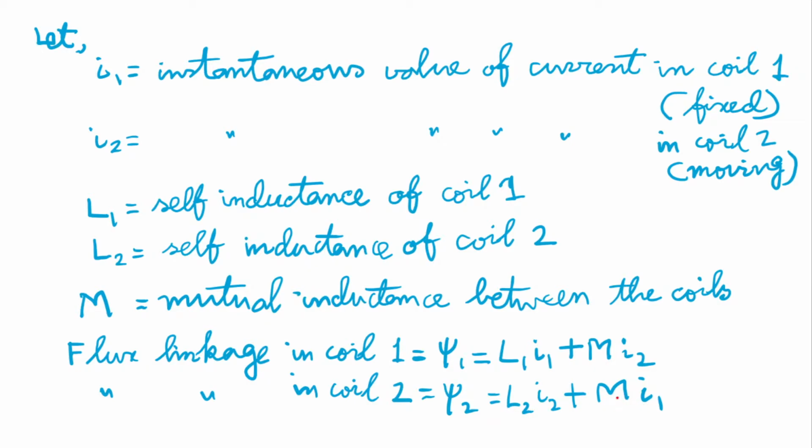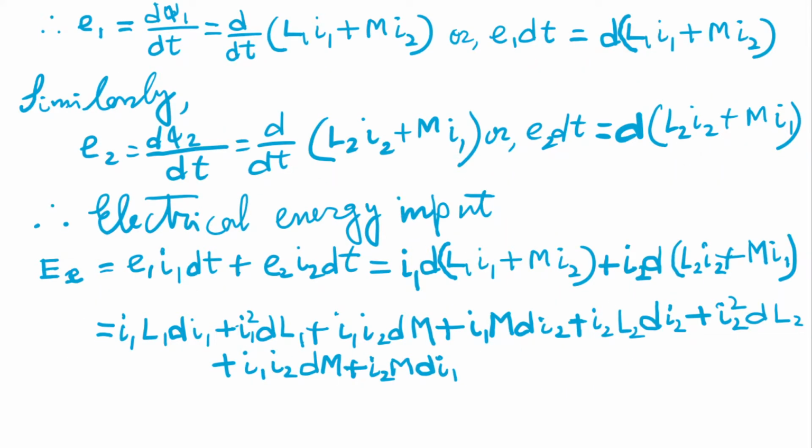So basically EMF is induced due to two parts: one is due to the self inductance and current flowing in the same coil, and the other is due to mutual inductance and current flowing in the second coil. That's why psi 1 is due to L1 I1 and M I2, and similarly for psi 2.